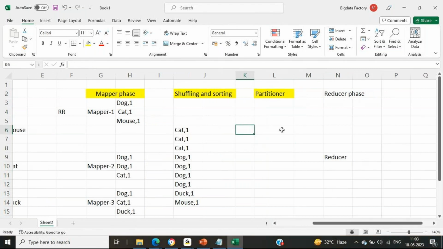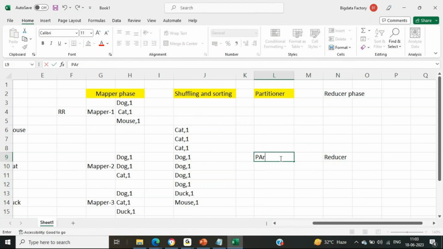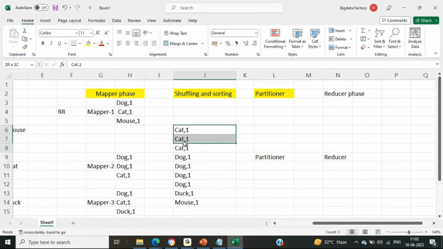Now the number of partitioners will be equal to the number of reducers. Say if you are using one reducer, so one partitioner will be there. What it will do is take all the keys and forward these keys to the reducer.